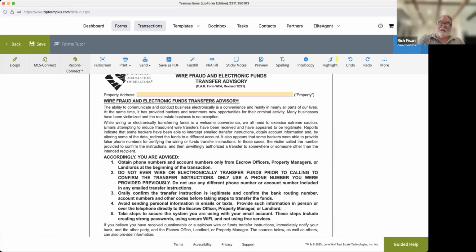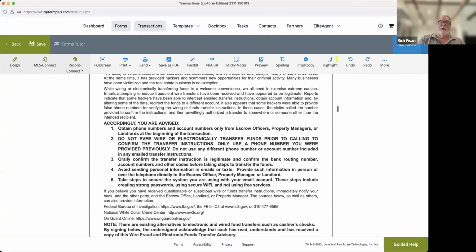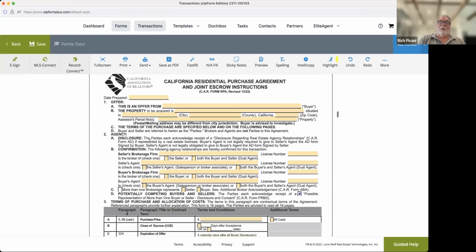There is wire fraud out there, and the default to send funds is through a wire transfer because it's the most efficient way to do so, but it also poses its own risks. So make sure that they are aware of the wire fraud.